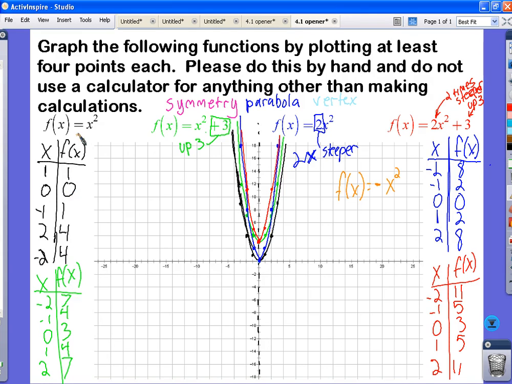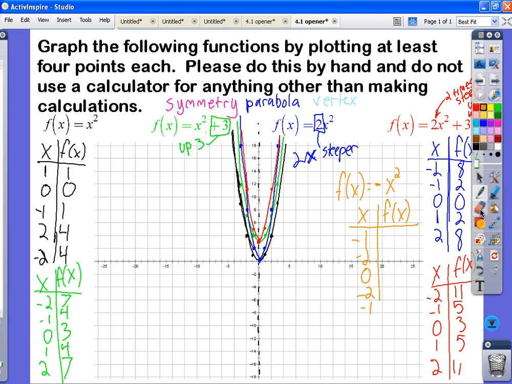Okay. So when we multiply all of those things that have to be positive by a negative, all of them now will be negative. And we put in x and look at the output. Look at negative 2, negative 1, 0, 1, 2.